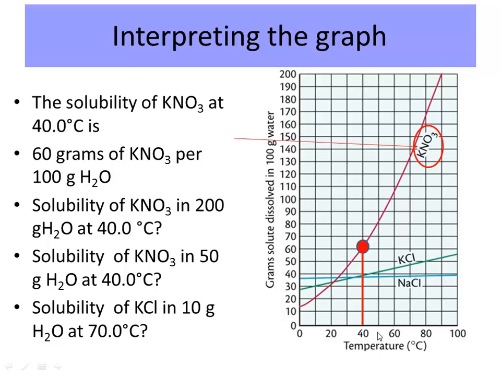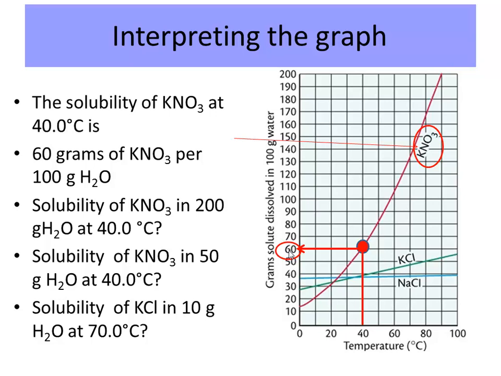So we get this point, and what we can get here is 60. Now what does this number 60 mean? How would we figure that out? What that point means? Yep, 60 grams of KNO3 dissolved in 100 grams of water. So that's what this point means.